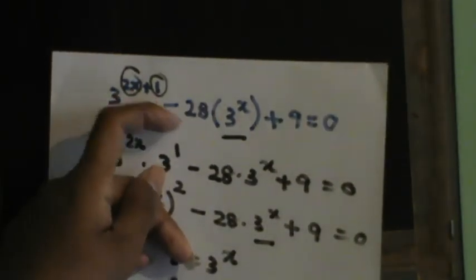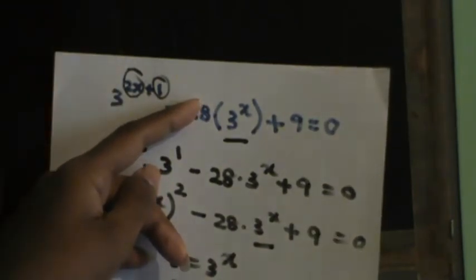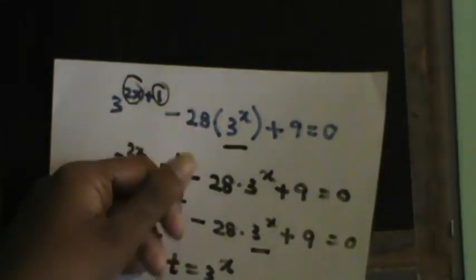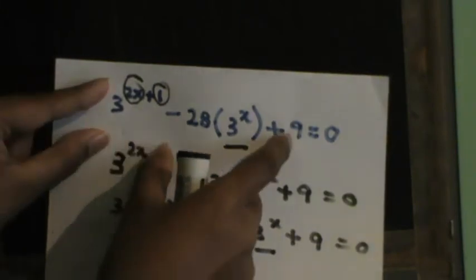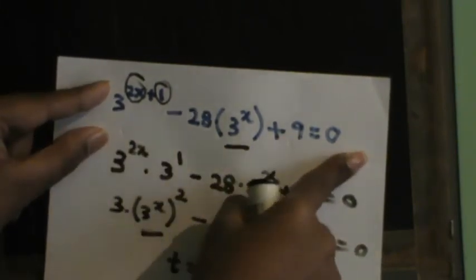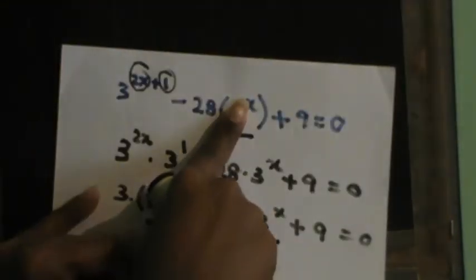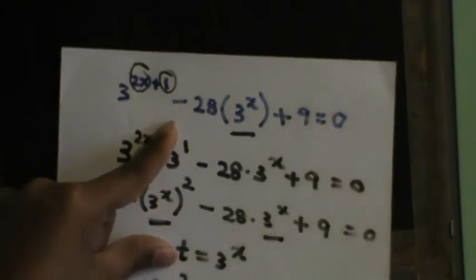So 1 minus 28 divided by 3 is equal to minus 27 divided by 3, which is minus 9. So these two terms add up to minus 9. That minus 9 plus 9 is equal to 0. So when x is equal to minus 1, this equation is correct.